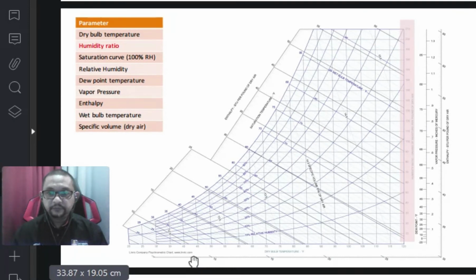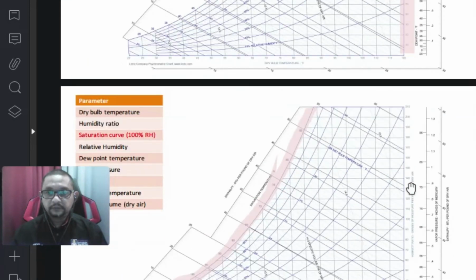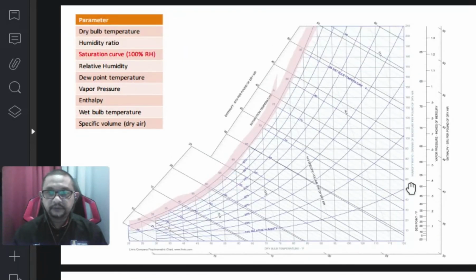Number two is humidity ratio. On this vertical axis, this is the humidity ratio. Number three is the saturation curve, 100% relative humidity. These are the numbers that show the saturation curve.